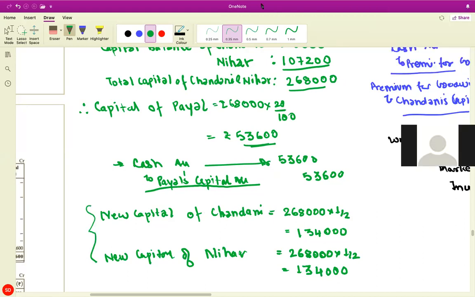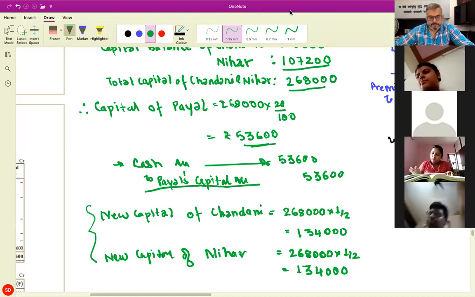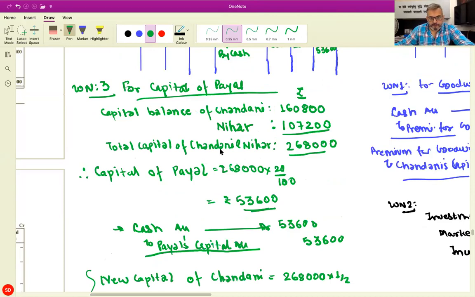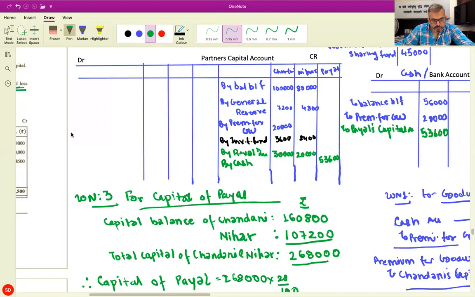Now please pay attention to the steps. Steps are this way. First of all we write the balance. So to balance carried forward. This is working note 3. What did we find? Their balance, 1,34,000. Okay, now what we have to do is we have to balance this as a normal sum because now we have adjusted their capital account.